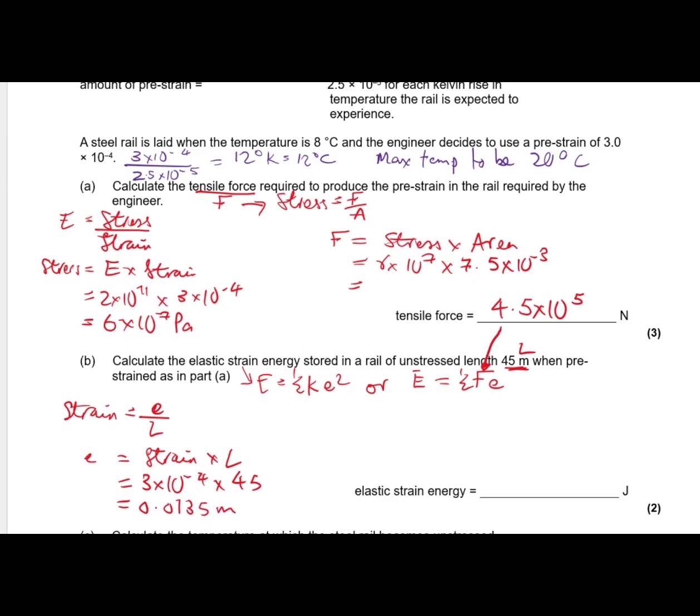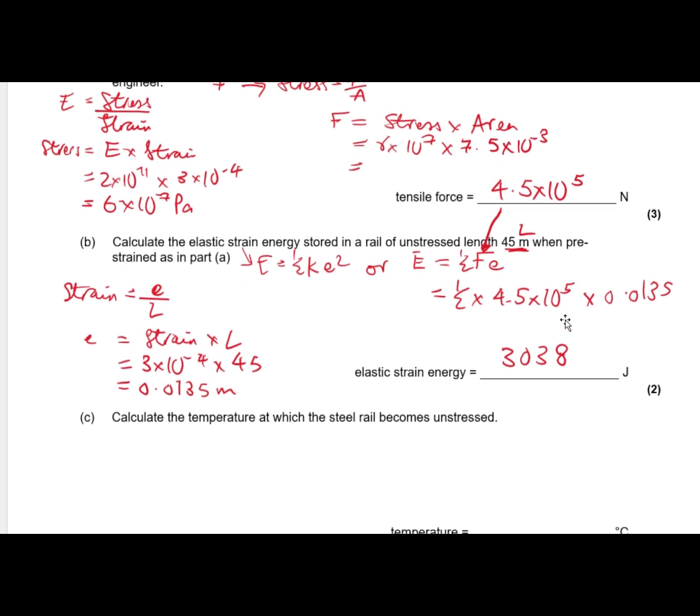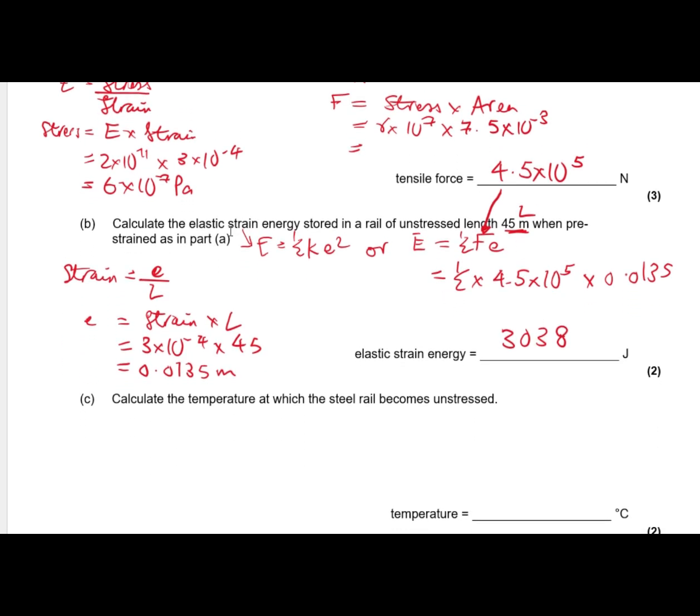And then I can put that into E equals a half F E. So half times 4.5 times 10 to the 5 times that extension, which is 0.0135. So that gives you 3038 joules. So again, elastic strain energy. Look at the formulas you've got, look at what you can work out, and it's usually the case.